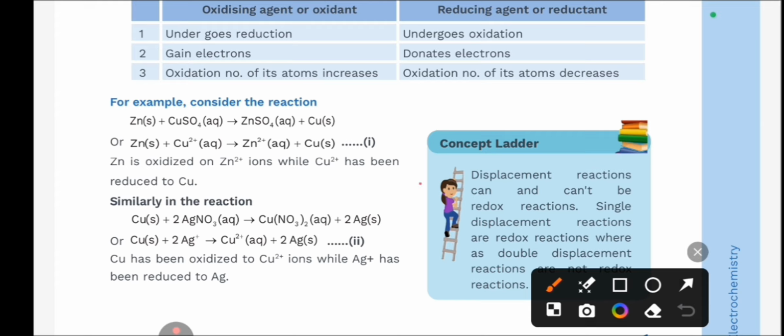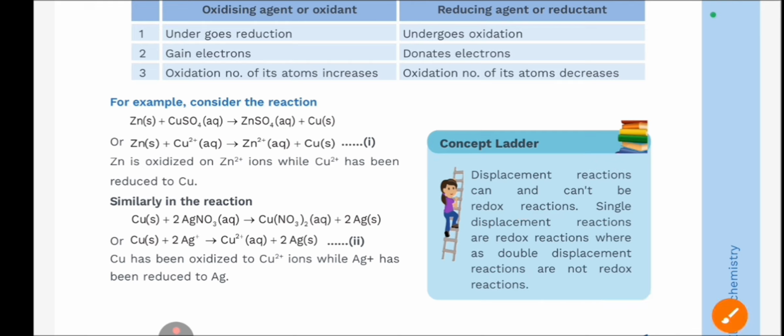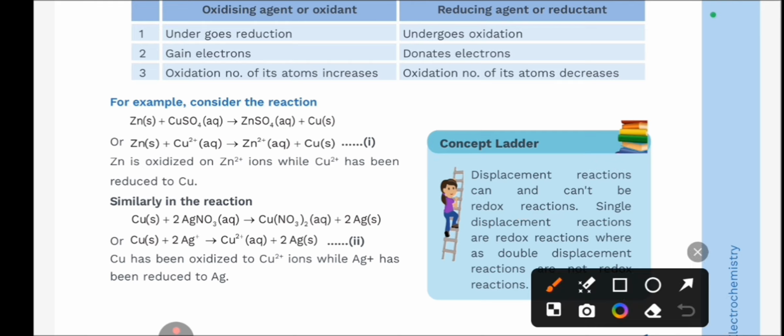So you can see a displacement reaction can be or cannot be a redox reaction. It depends whether oxidation or reduction takes place. If it takes place, then it is a redox. Otherwise, it can't be redox. You can see a single displacement reaction is a redox reaction.